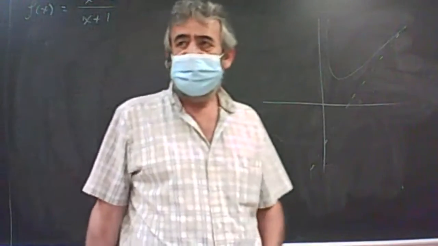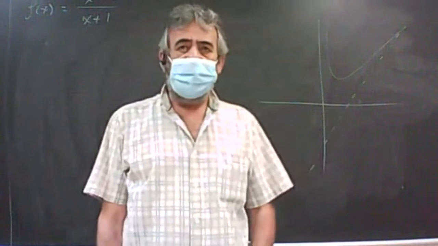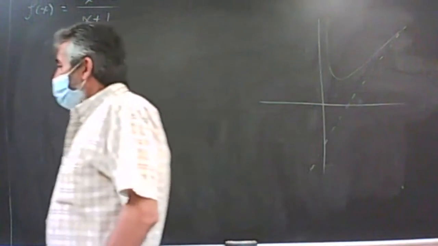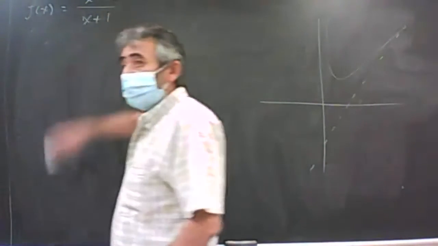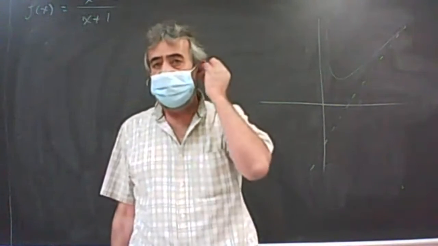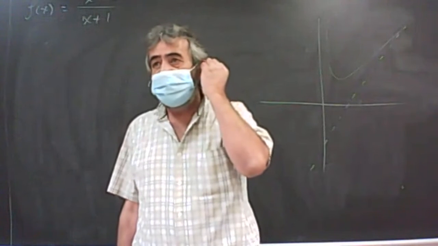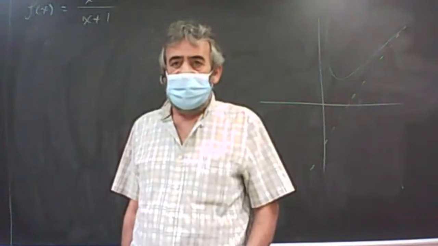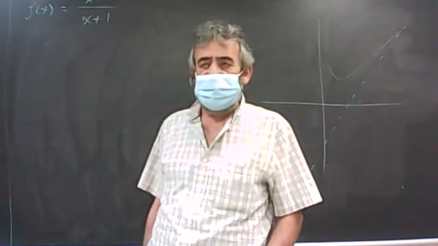So that means we have a slant asymptote. How do I determine what that slant asymptote is? I'm just going to go ahead and divide this. Your answer without the remainder is your slant asymptote. Let's do that.